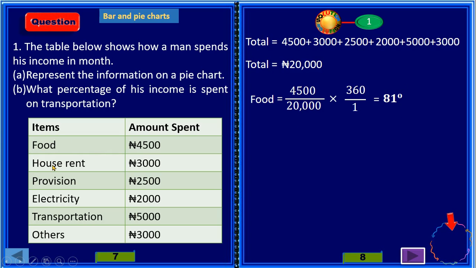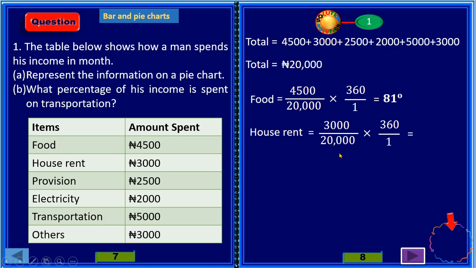Now we'll move to the next item, house rent. The total amount spent on this particular house rent is 3,000. So therefore, the angle represented by that will give us 3,000 over 20,000, multiply by 360 over 1.